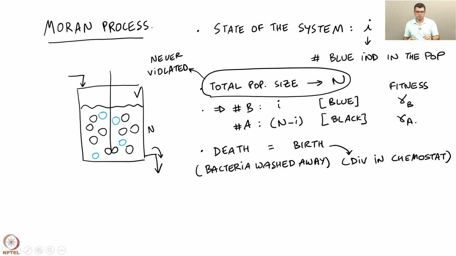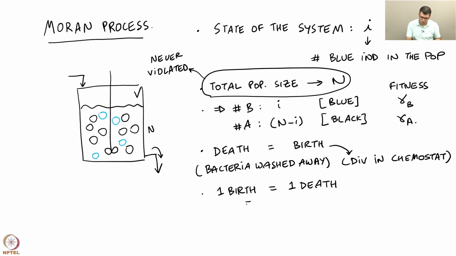So, in a Moran process, we are interested in that narrow sliver of time where one birth event happens and which is exactly matched by one death event. This is necessary so that the population size can remain constant.